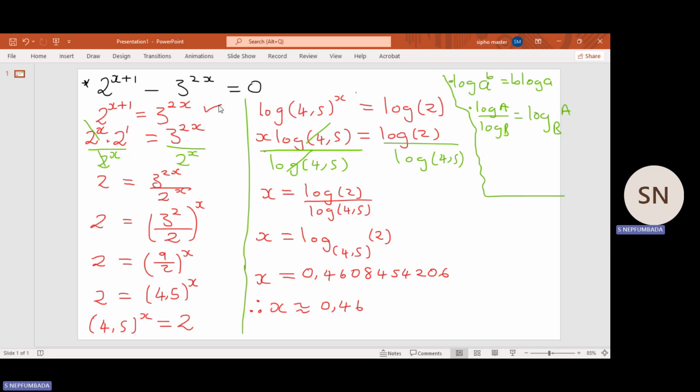Then when we say 3 to the power of 2 times 0.46, it is also going to give us 2.75 when we round it. It means our x is approximately 0.46, which is our real solution.